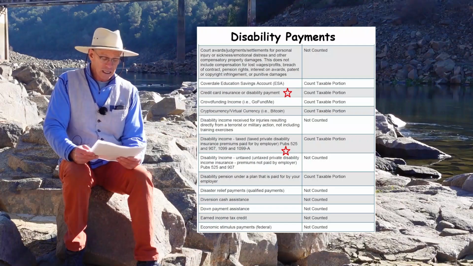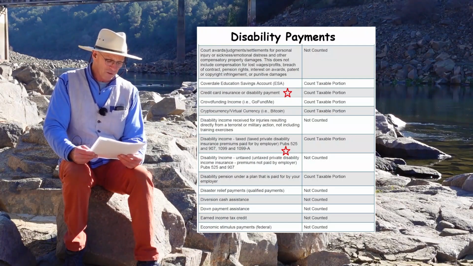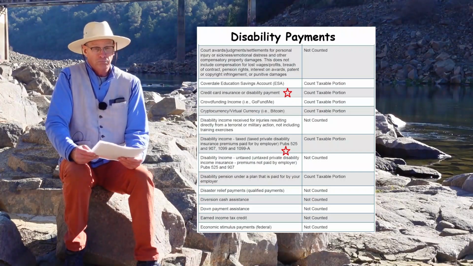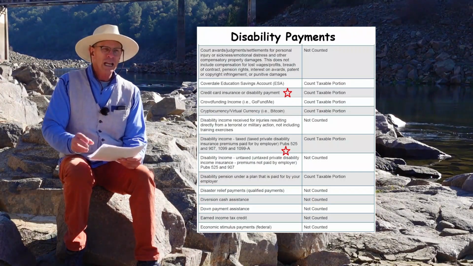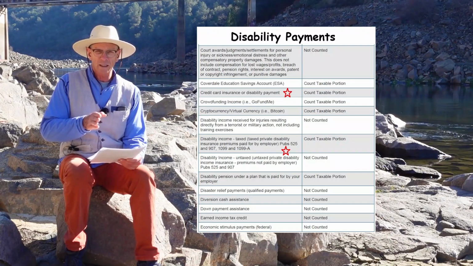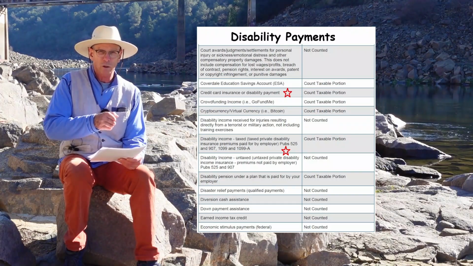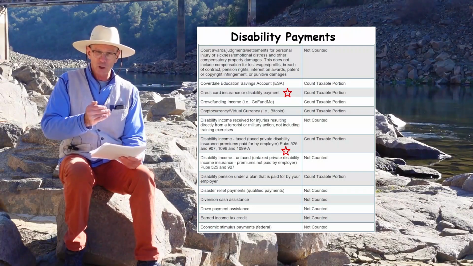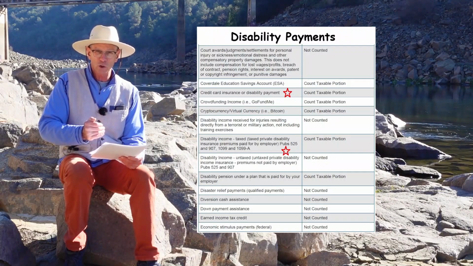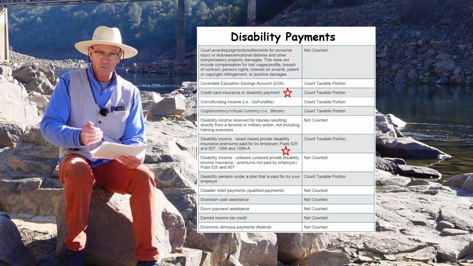Disability income, I didn't know, credit card insurance for disability payment, that's taxable income. Who knew? Disability insurance, and the general rule is if your employer paid for the disability insurance policy and you're injured and you're receiving disability insurance benefits, that's taxable.